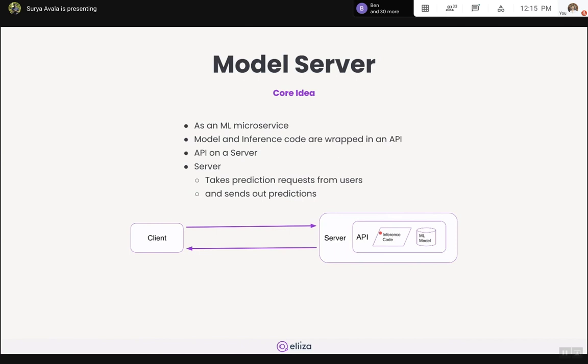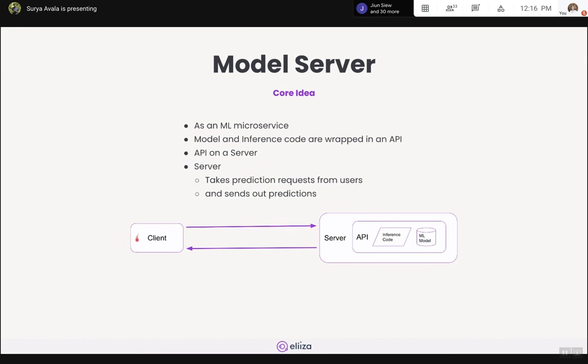So the core idea of a model server is that we would wrap the inference code and the ML model in an API, and we'll deploy that API on a server, and then this server would take incoming prediction requests from the clients.